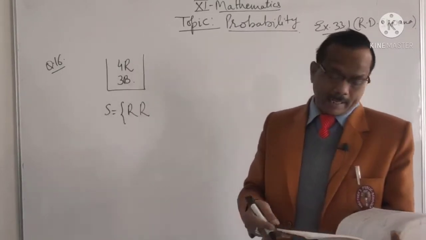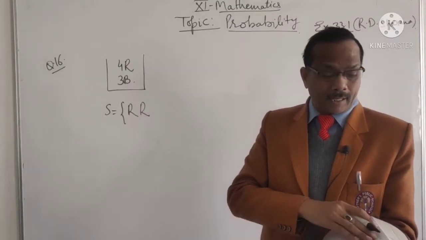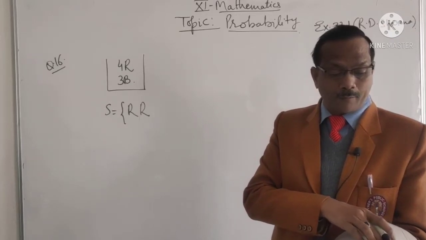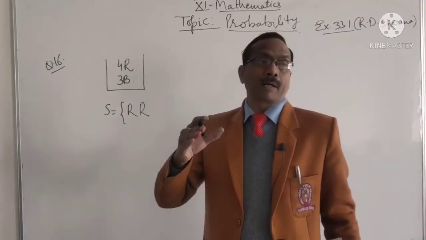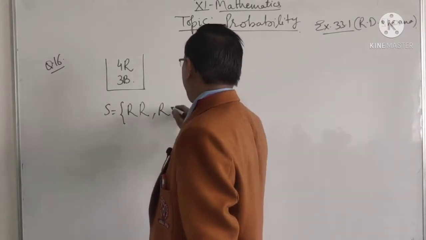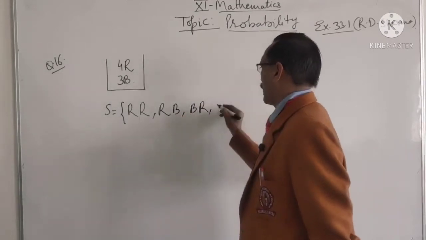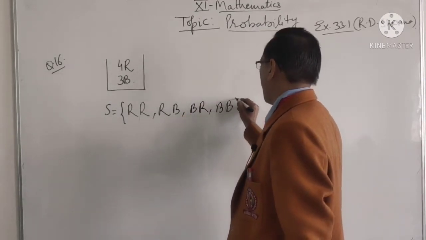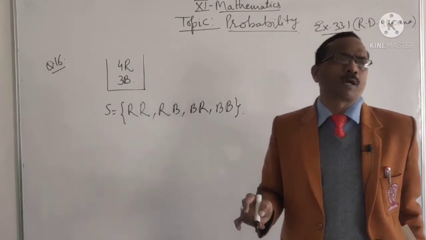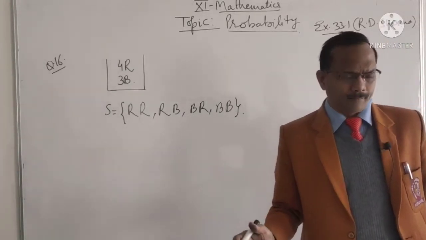Here balls are identical, so there is no chance of R1, R2, R3. So second is red ball, then black ball, then black ball, then red ball, right? And then black ball, again the black ball. So total possible outcomes are 4 because here balls are identical.